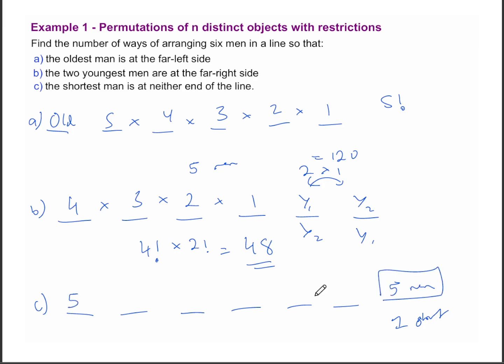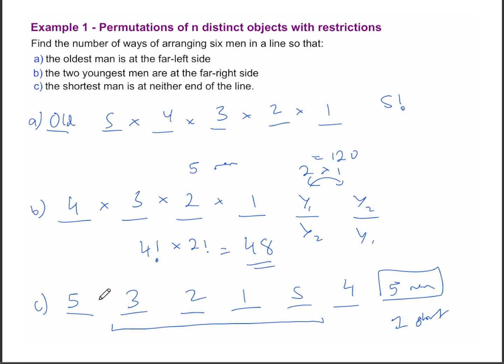So 5 and 4. Because you choose one of the 5, then that person is gone. So now you have 4 options left. You're going to put that guy in the other end. Then what we can do is play around with the middle area. And for now, we can just do the 3 men that are left, the 2 men that are left, the 1 guy that's left, and then the short guy that's there. We're going to name him S.